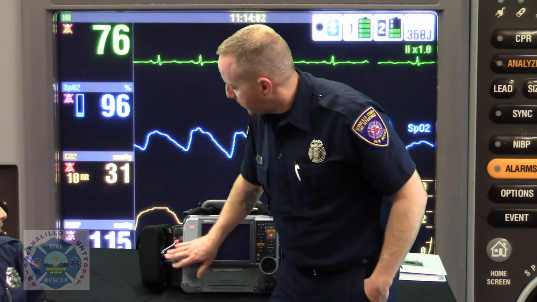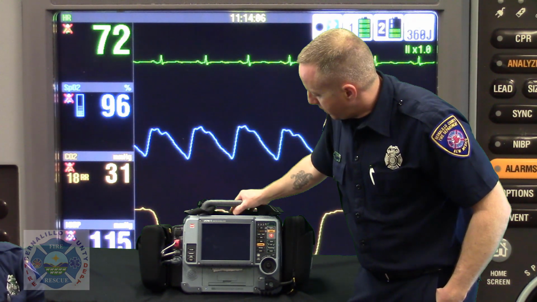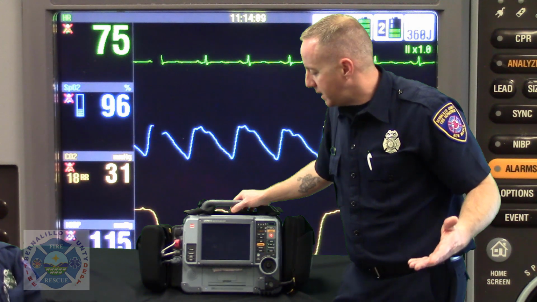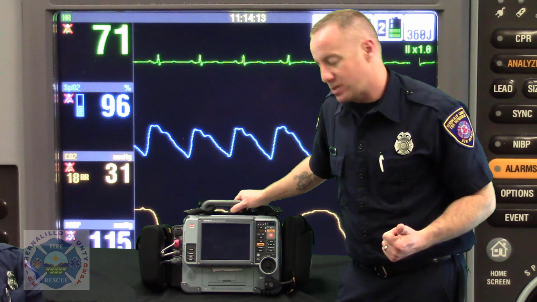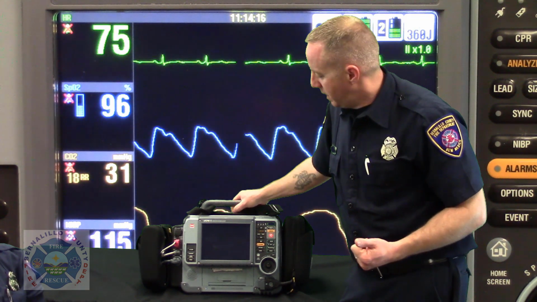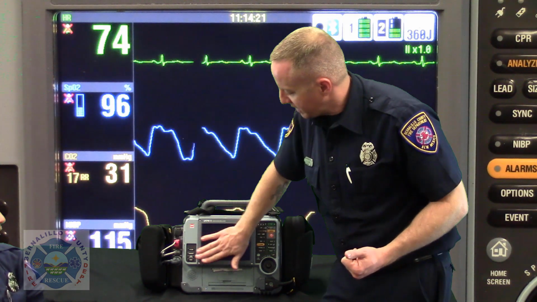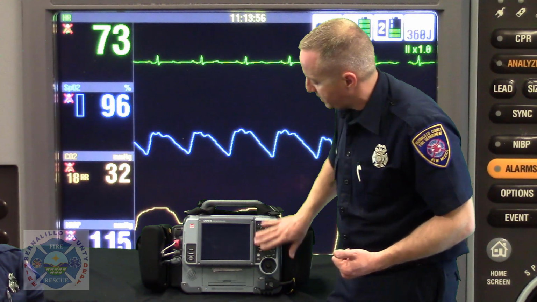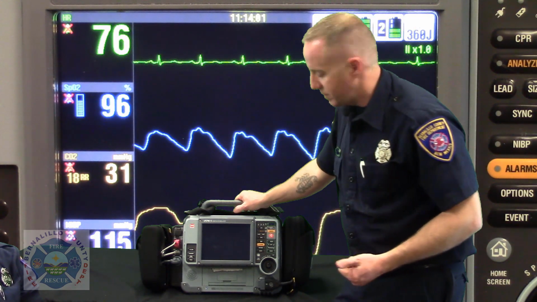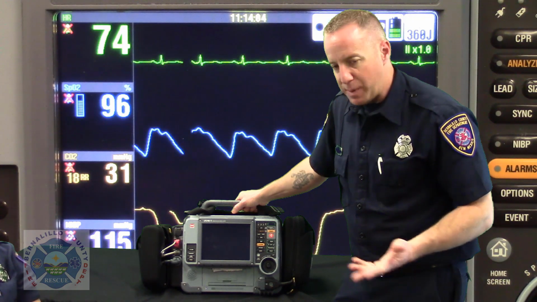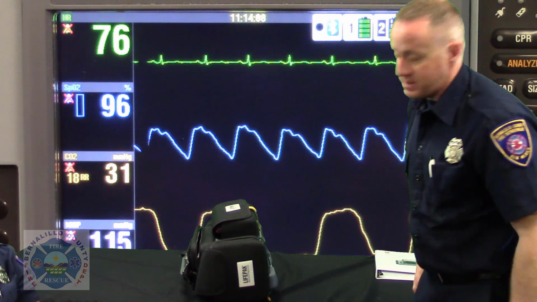So after you've put the cables away correctly and you're going to store this back in the unit, the red and blacks, the new units that we've deployed east, and even most of our spares have a pretty good place to store this in between calls. But do yourself a favor and protect and keep clean the screens and the soft buttons here in the front, because I've gone on overtime or force hire to certain stations, and I found them in a spare unit, for instance, and this monitor is being stored in this configuration.